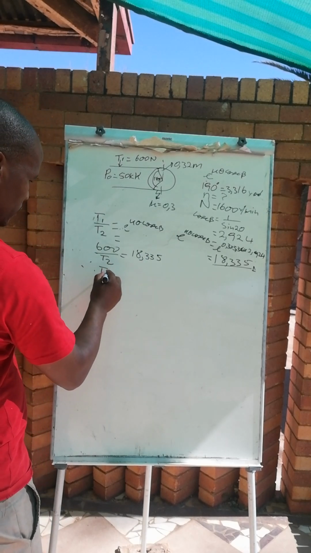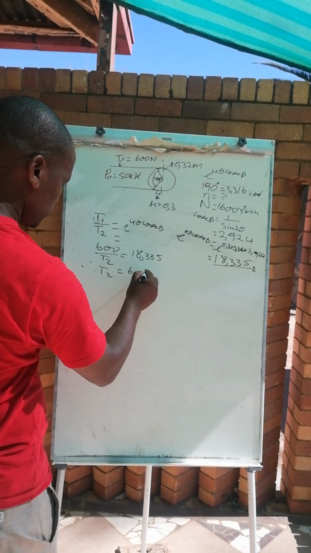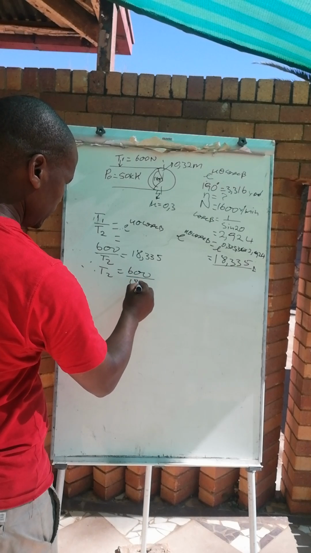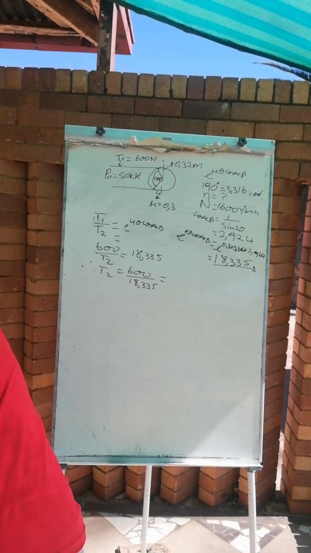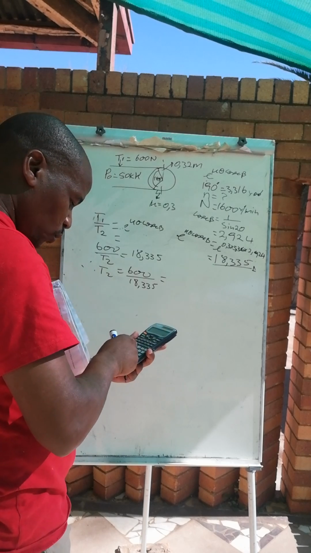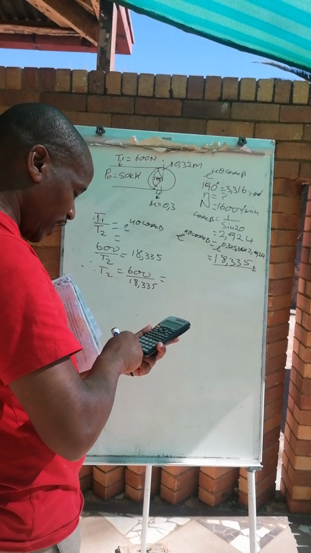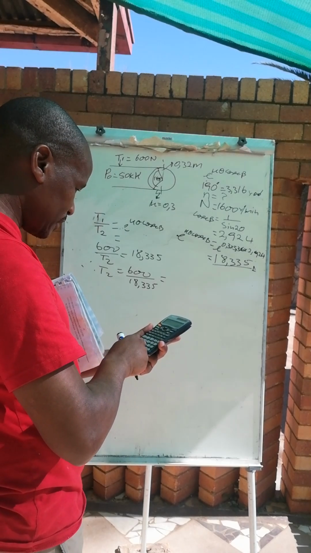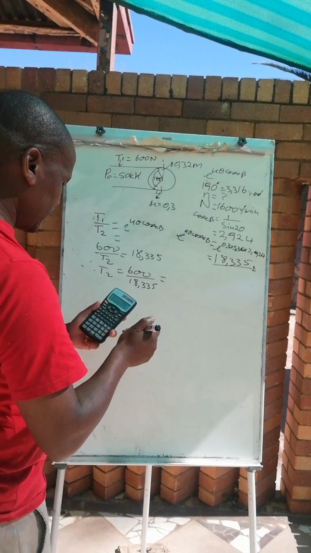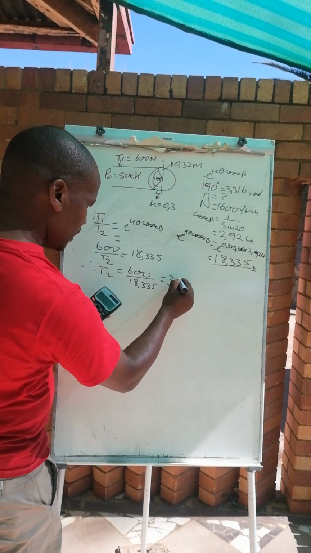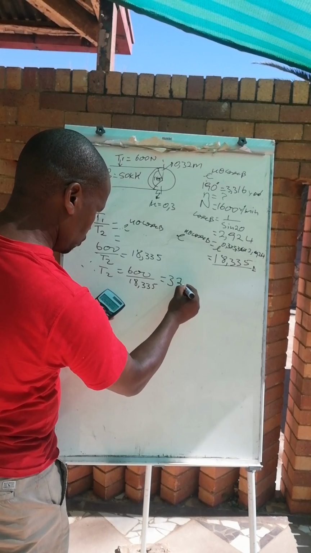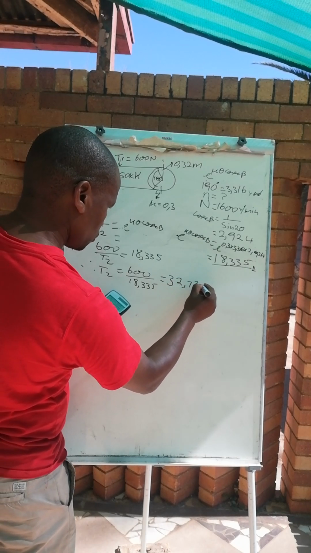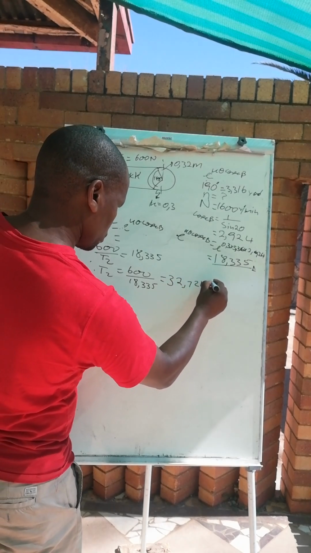So 600 over T2 equals 18.335. Therefore, T2 is equal to 600 divided by 18.335. Answer: the tension on the slack side is equal to 32.724 Newton.